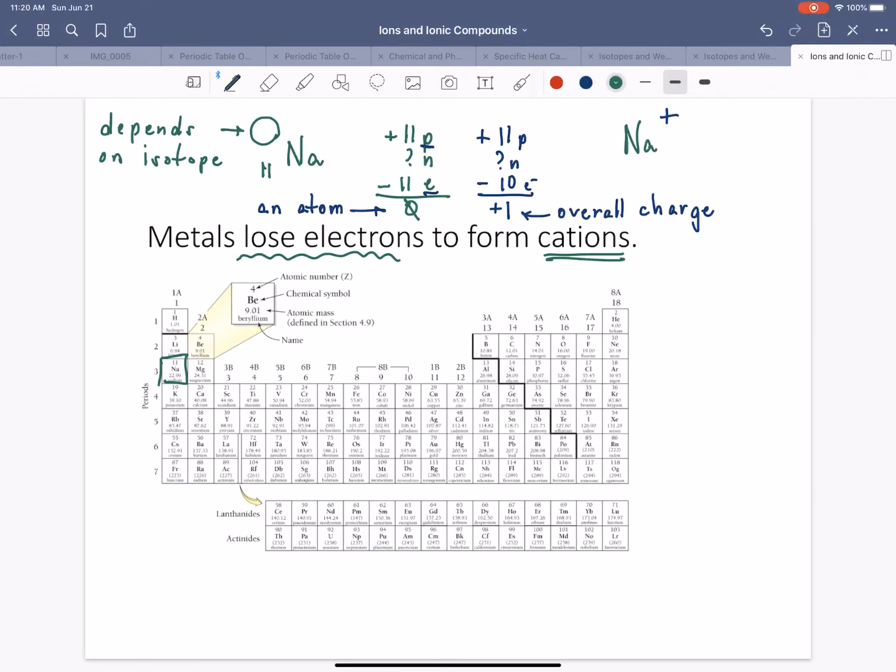Sodium still has 11 protons and some neutrons, but now it is an ion. When sodium metal becomes more stable by losing electrons, it always loses one electron. Sodium metal only forms a +1 ion.